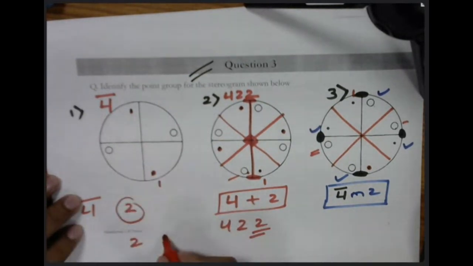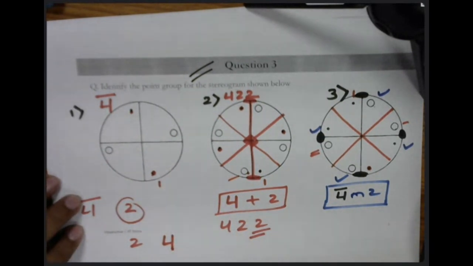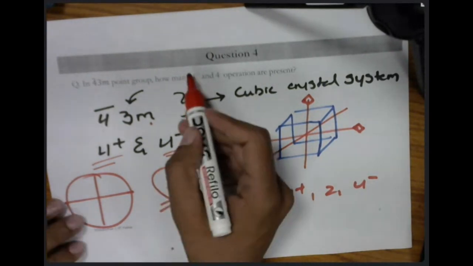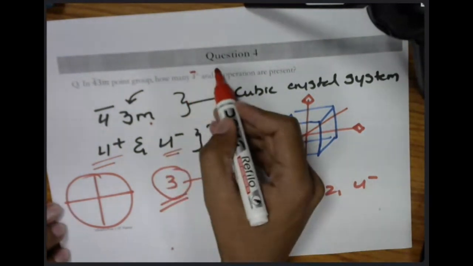It will be 4. Okay, so I think there is some typo over here. It was not the 4 plus, it should be 4 bar.